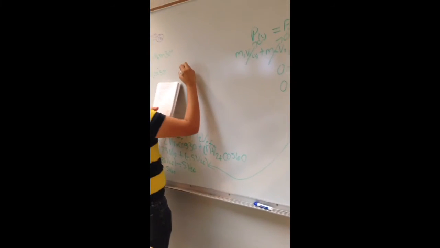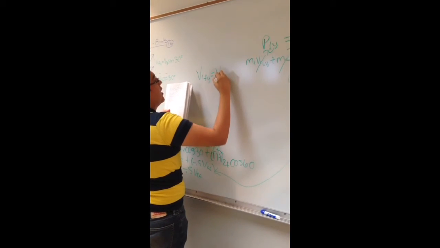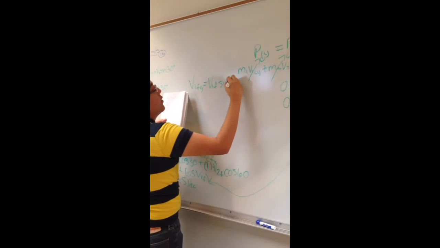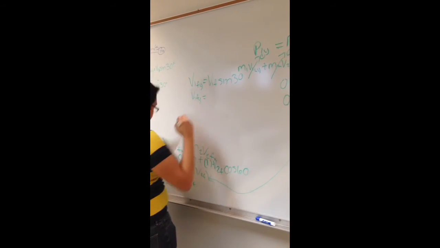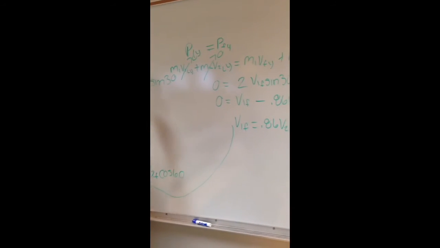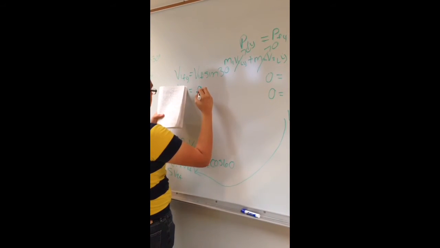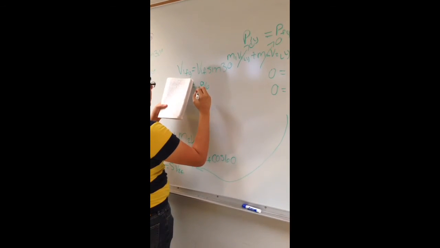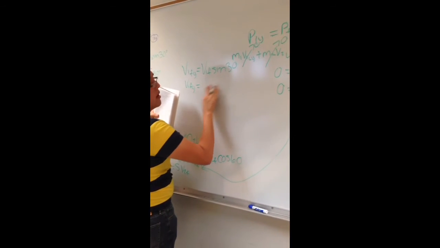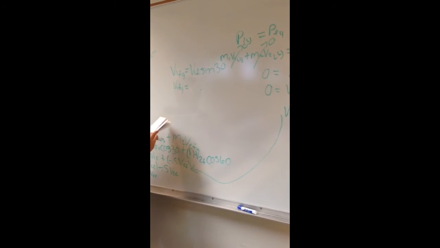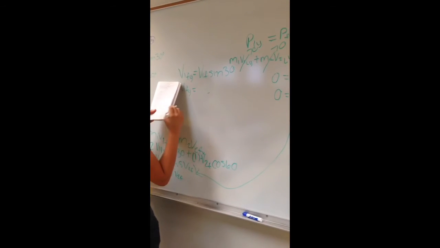So we have that velocity 1Fy equals V1F sine of 30 degrees.